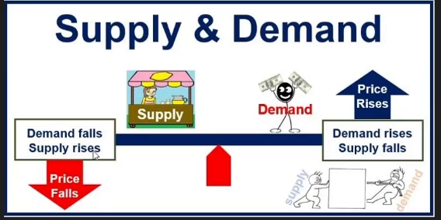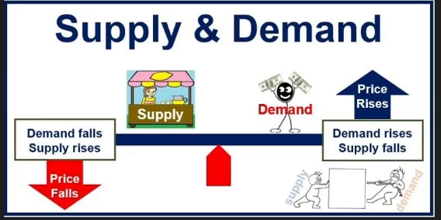The commodity is now over the market, and people are not buying, so the price automatically falls. Whenever demand rises, supply automatically falls, and the price of that commodity rises. So this basic economics concept must be understood and applied on the forex market.